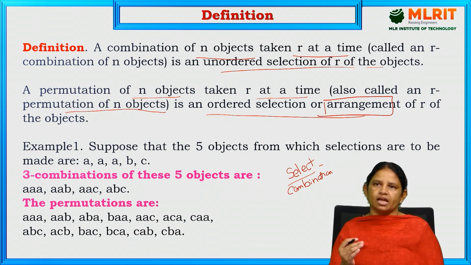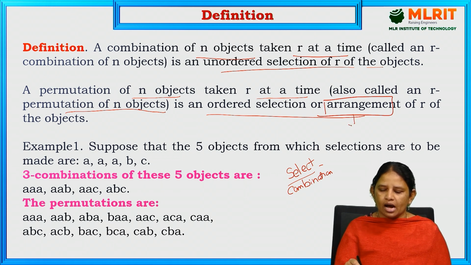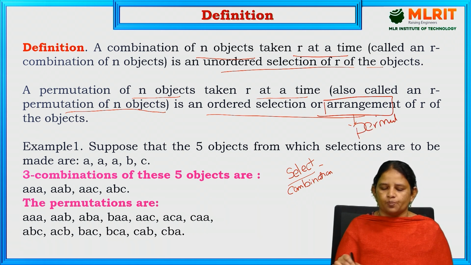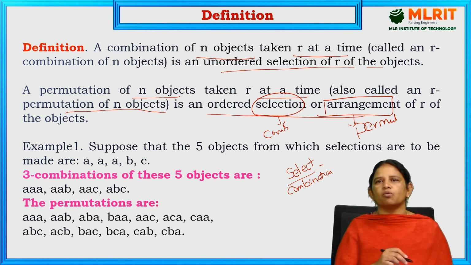Whether it is an arrangement of the objects or a selection of the objects depends upon the word. If the word is arrangement, you use the principle of permutation. If the word is selection, you apply the formula of combination.